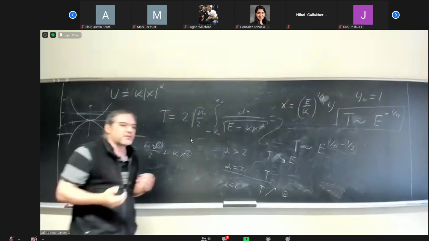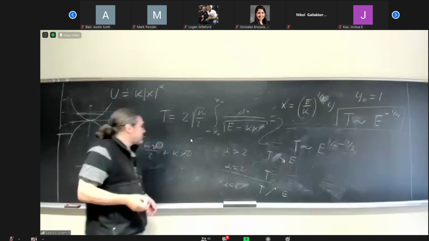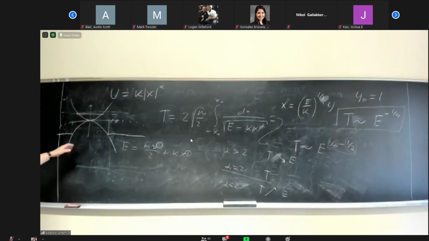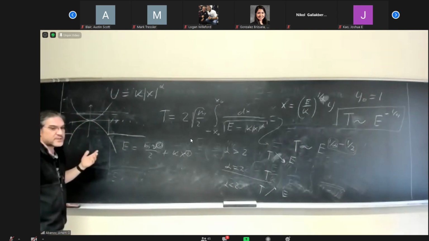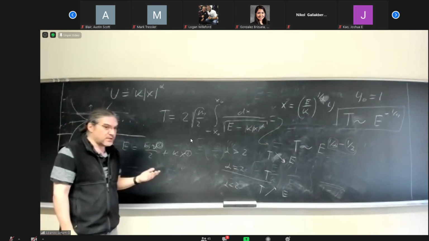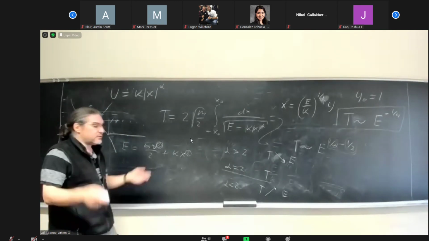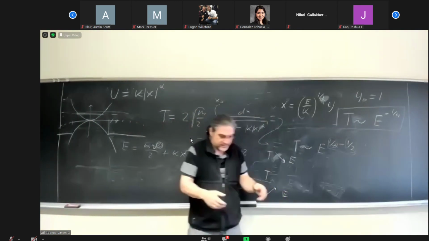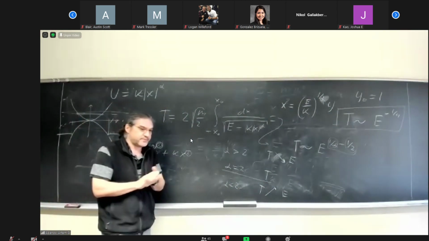It means that if you put a particle there, it stays there. It oscillates, but at least you know approximately where it is. But in the situation when k is negative, you have a completely unstable problem, because you put a particle somewhere and it just shoots to infinity, and you'll never find it again. So what we call it is an unstable situation.